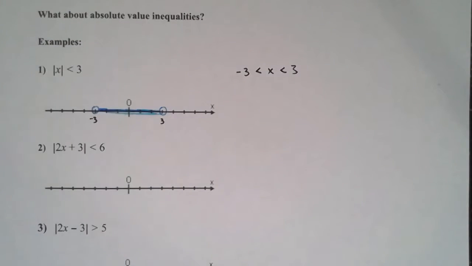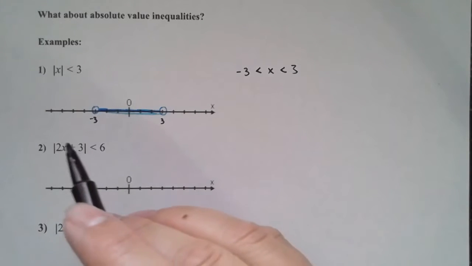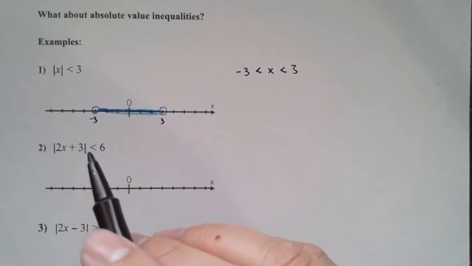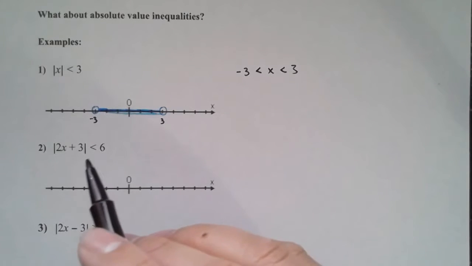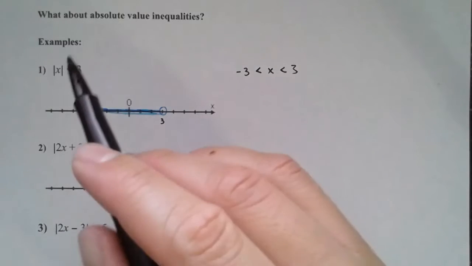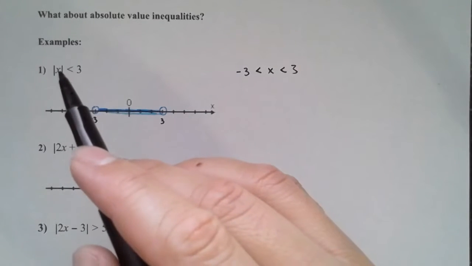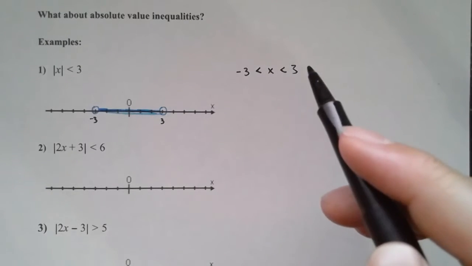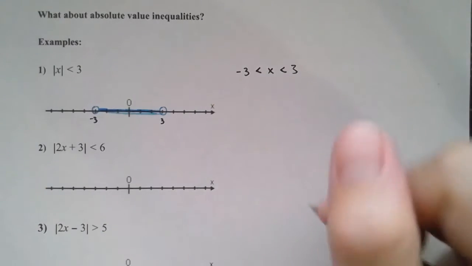Here in number 2, I have the absolute value of 2x plus 3 is less than 6. Same idea. What you have to recall is whatever this expression is, it's the same distance away from 0, which is less than 6. So just like I took absolute value of x less than 3, so -3 less than x less than 3, you can do the same thing.